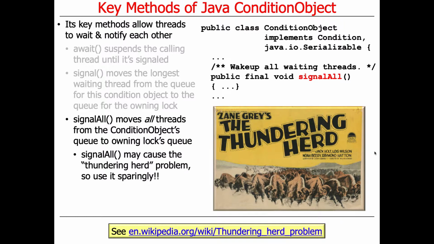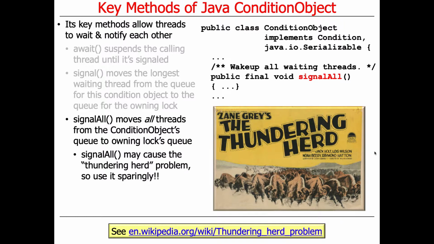So remember the pizza analogy we talked about the other day? If a pizza shows up and there are the keys for the truck, the way I described the scenario was all the sleeping delivery people wake up, and they all go running out to try to grab the pizza, grab the key. Only one of them is going to get it, and everybody else woke up from their nice, relaxing nap for nothing. Right? You're probably better off just waking up one person. So that's the thundering herd problem.